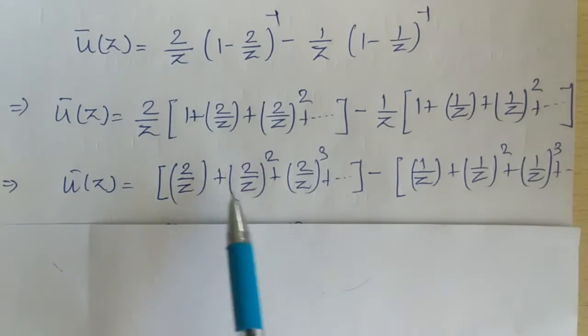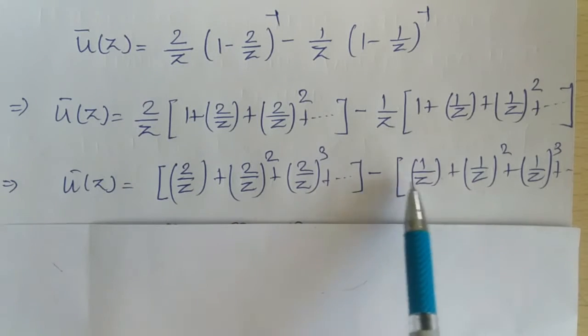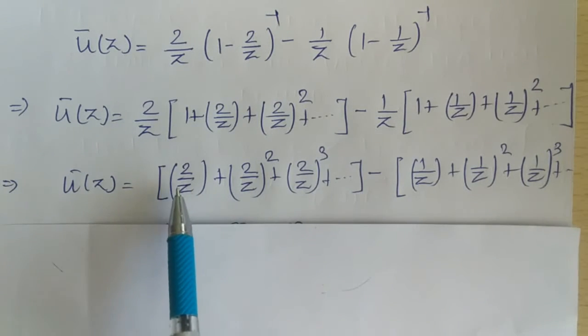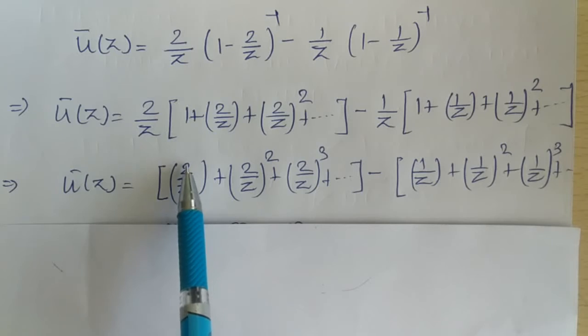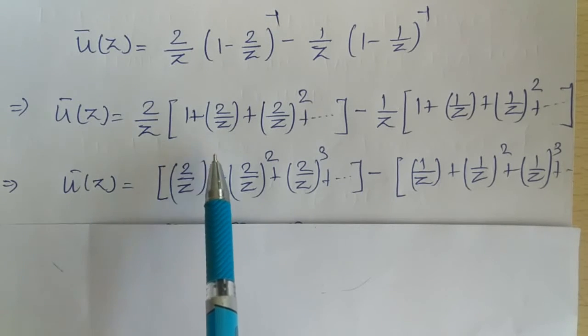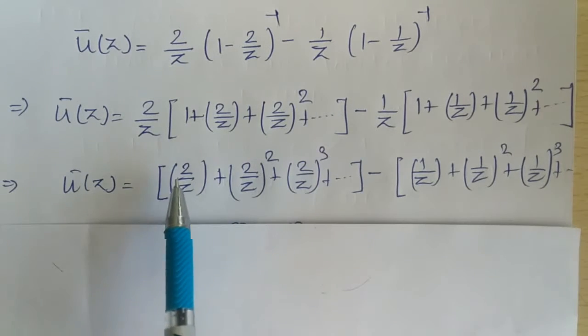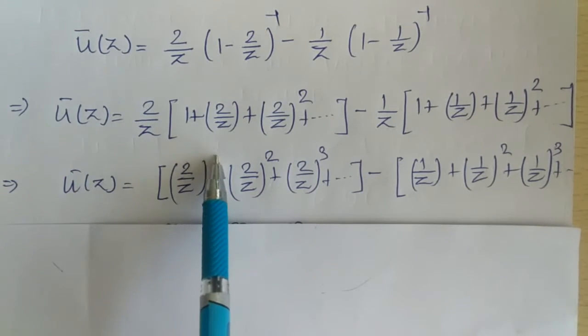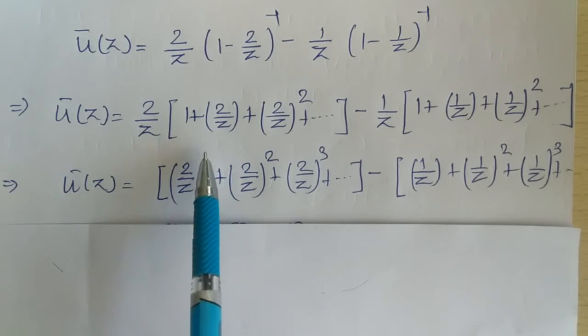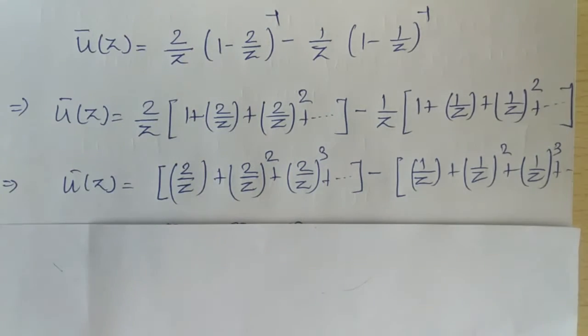Now we express these two series in terms of summation. So this term is 2 by z power 1 plus 2 by z power square plus 2 by z whole cube. So we write summation (2 by z) power n, where n starts from 1, 2, 3 up to infinite.